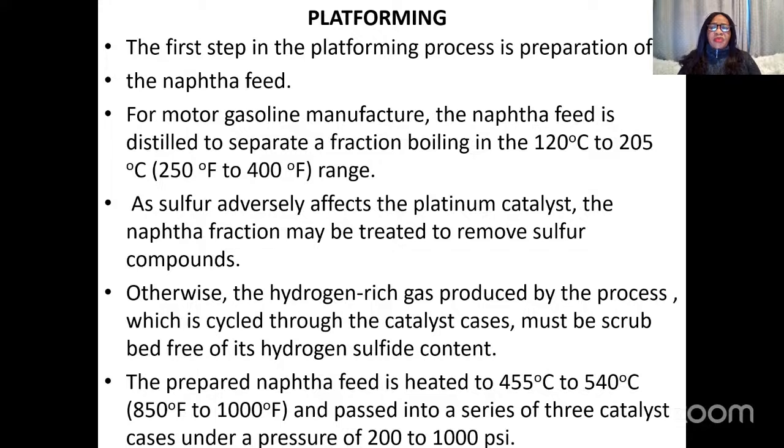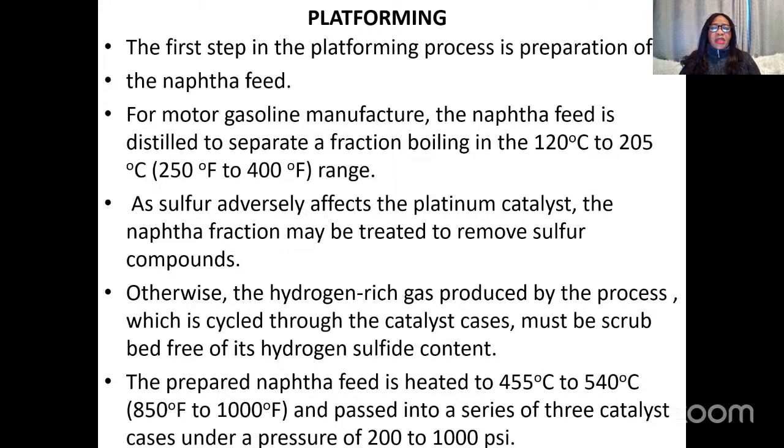Then during the process, of course, you have seen that within this process, a lot of hydrogen is produced because of low cracking and then removing of hydrogen. So the hydrogen-rich gas that is produced has to be scrubbed free of hydrogen sulfide content.